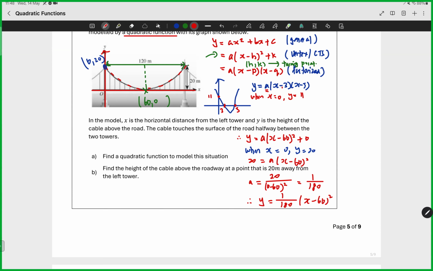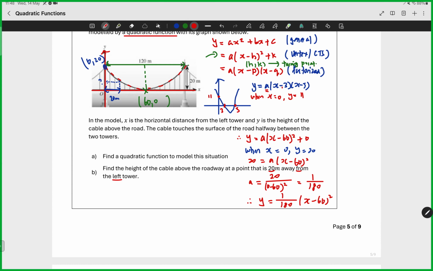Okay, find the height of the cable along the roadway that is 20 meters away from the left tower. So 20 meters away is probably something like that. What is the corresponding height? They're asking for this value down here. So this one is a basic substitution question only.